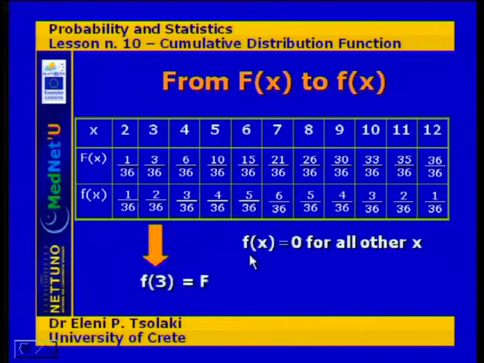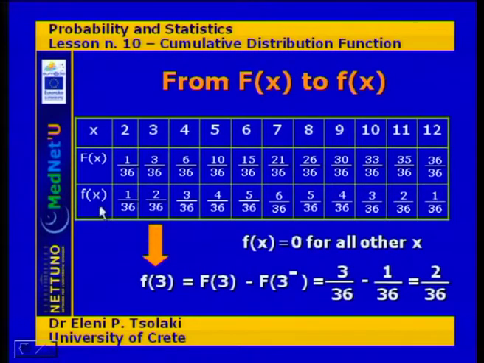So we can calculate, for example, that f of 3 will be the cumulative distribution function at point 3 minus the cumulative distribution function just before 3.